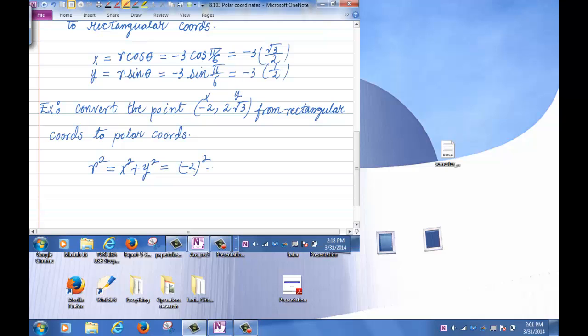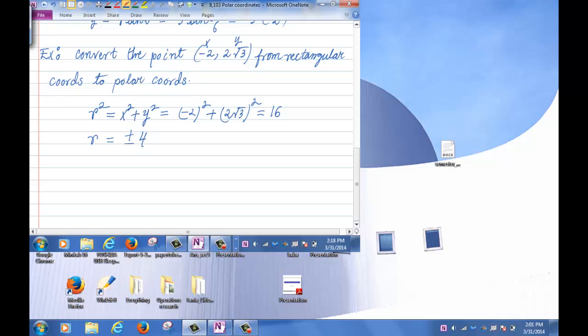What is that equal to? 16. So r could be plus or minus 4. Now, by looking at the point, can you tell me which quadrant it lies in?